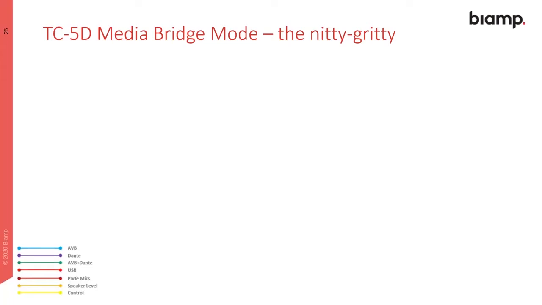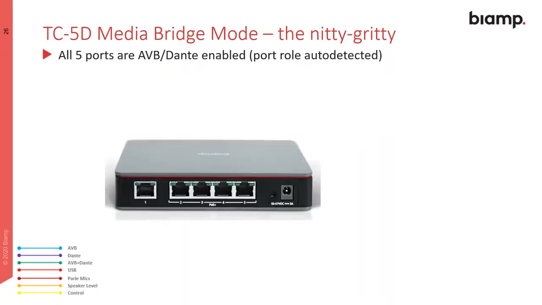Okay, so we have the TC5D media bridge mode. All the 5 ports are AVB Dante enabled ports. The ports are auto detected. So anytime you plug a laptop, for example, it will detect that this is a control port, is not flowing any Dante channels or AVB channels into your switch.